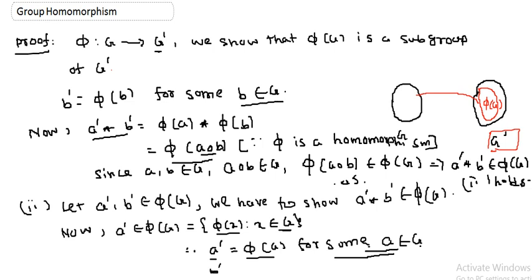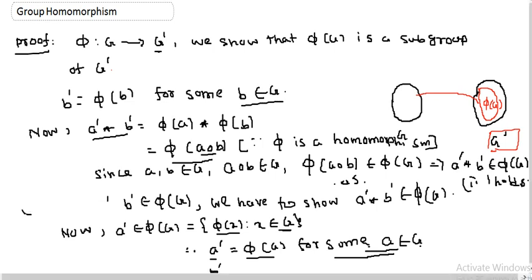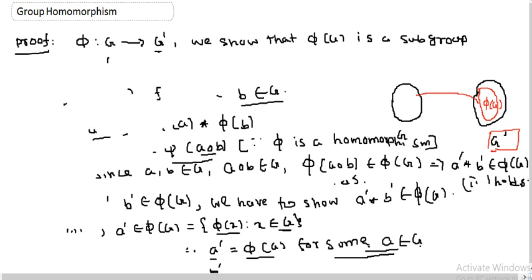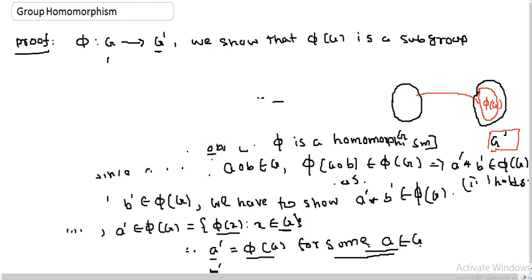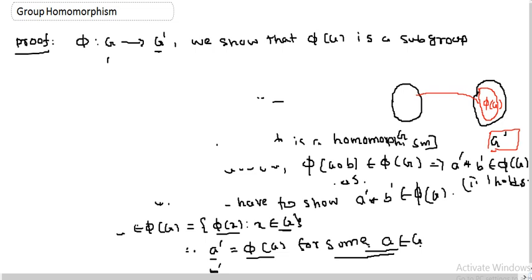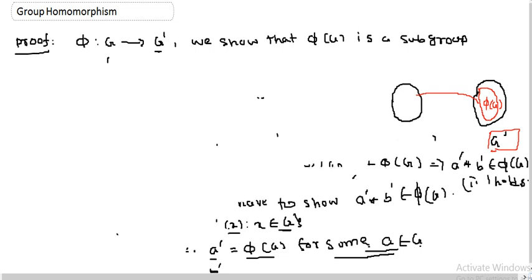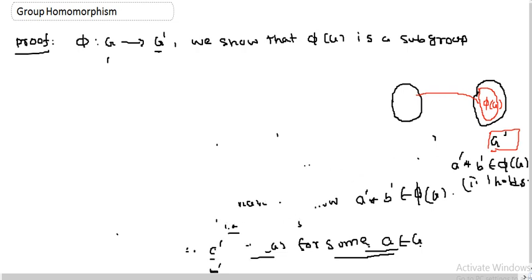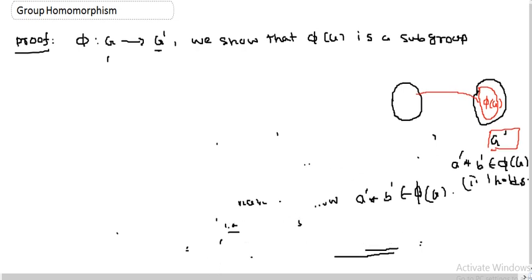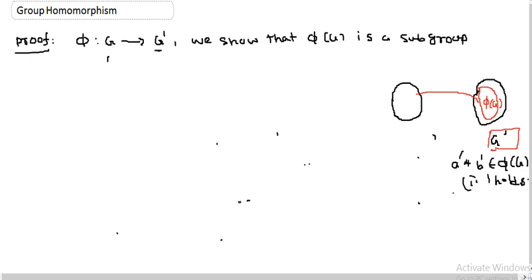Now check for condition 3. So let me write down condition 3. Condition 3 is almost the same as condition 2, but let me write it down over here. First of all, let me erase this part. So here we go. We have to go through this process over and over again.